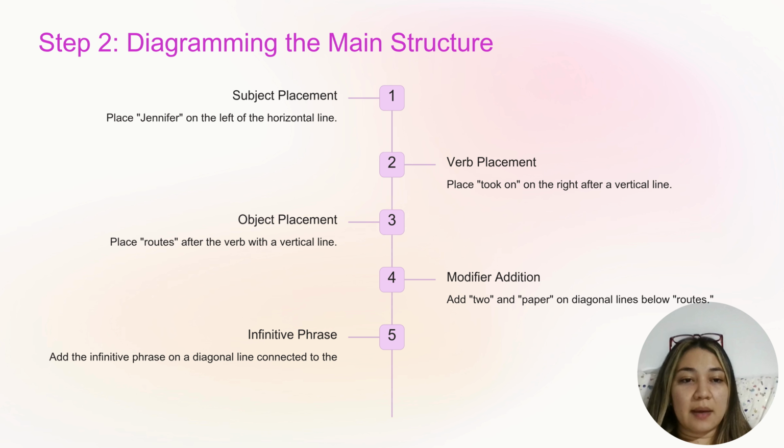And we have modifier addition: add the words country and paper on a diagonal line, right? You need to identify the modifier because it describes extra pieces of information like prepositional or infinitive phrases, right? And for the infinitive phrases, we have to add a diagonal line connected to the verb, right?